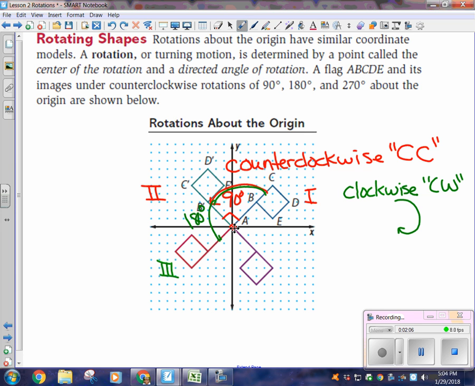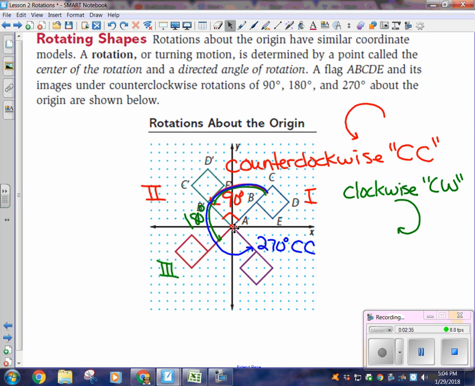If you're counterclockwise, the hands of the clock work backwards, and you're going around to the left. If we went past 90, past 180, another 90 until we get down to the bottom flag, we would be talking about 270 degrees counterclockwise.